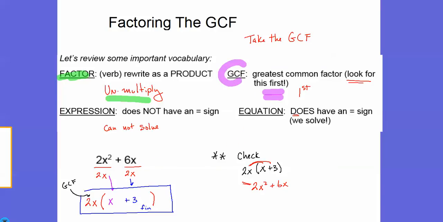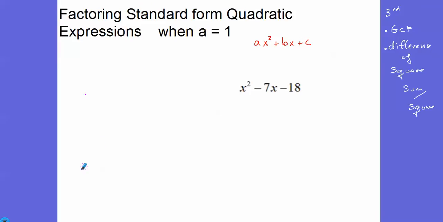So, even when we are working in standard form, we still have to remember that we are unmultiplying, or we are writing the product. And secondly, we have to first try a GCF.